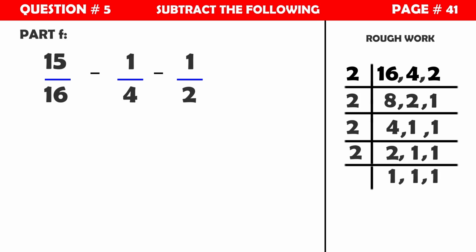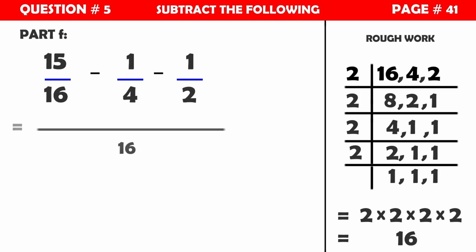Now we will multiply all the prime factors, that is 2 multiplied by 2 multiplied by 2 multiplied by 2 and we will get the LCM 16. 2 2s are 4, 4 2s are 8 and 8 2s are 16. So we get the LCM 16. Now write 16 as the common denominator and move to step 2.